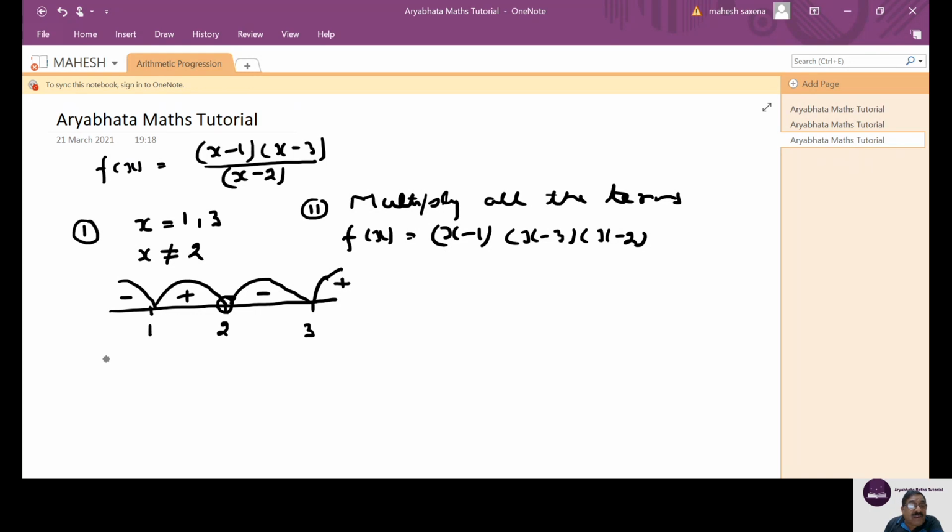Now f(x) will be less than 0 if x belongs to, now minus part is mentioned here, therefore x should be minus infinite to 1.